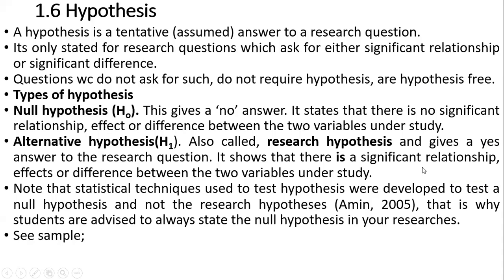So just know that if your objectives are correlational, then it is already implied that you must test hypotheses, because there is no way you will achieve that relationship objective without testing hypothesis. So you also know that we have two big classifications of hypotheses, although there are others.